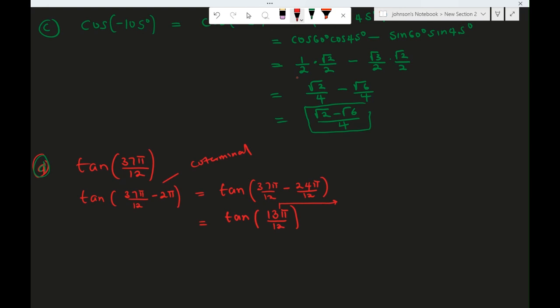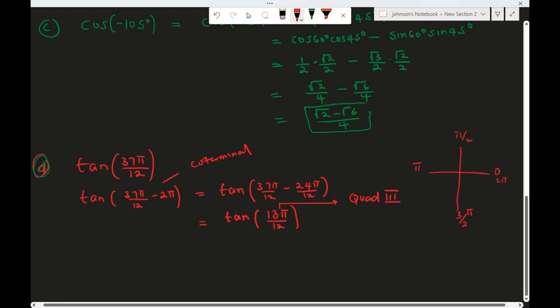So it means 13 pi over 12 is going to be in quadrant number 3, because any angle greater than pi, but it's not going to be in the fourth quadrant. So remember, you have this is pi, and this is 3 pi by 2, right? This is pi by 2, and this is 0 and 2 pi here.